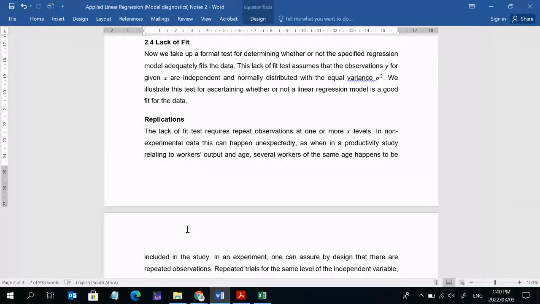Remember, if F is close to 1, it means the expected value of MSR is equal to the expected value of MSE. They are both equal to sigma squared. If you used that, I was marking you right. But if you did not include the level of significance, then I was checking something, because I gave you that level of significance for a reason.